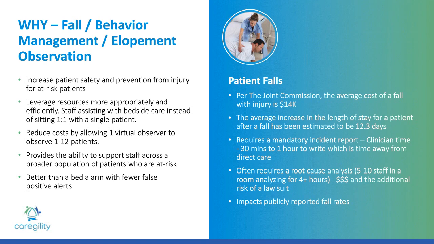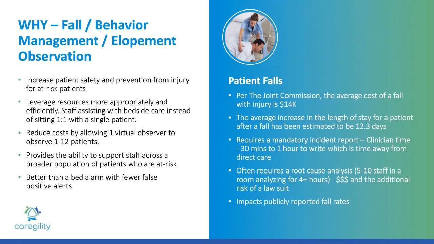You can also reduce your costs by allowing one virtual observer to observe several patients. With the Caregility product, we can observe up to 12 patients. All virtual observation systems are a little bit different. Some are 1 to 10, some are more than 12. The numbers vary.